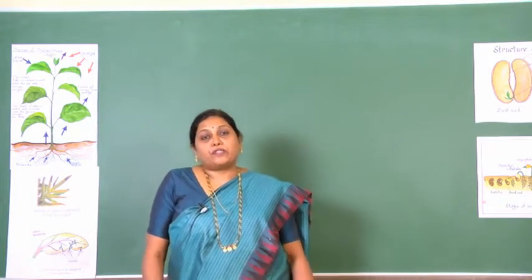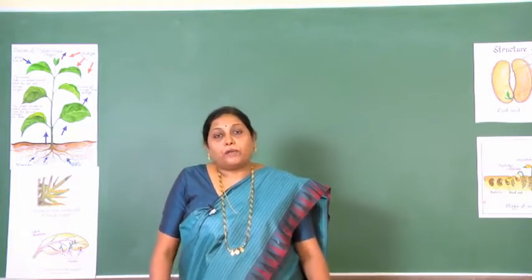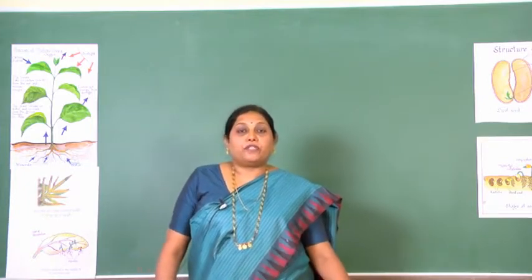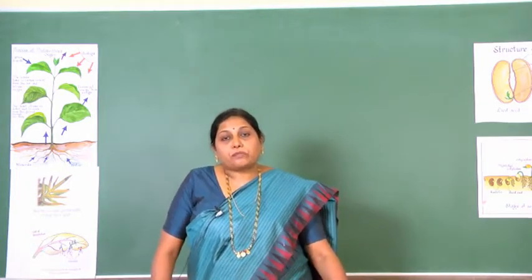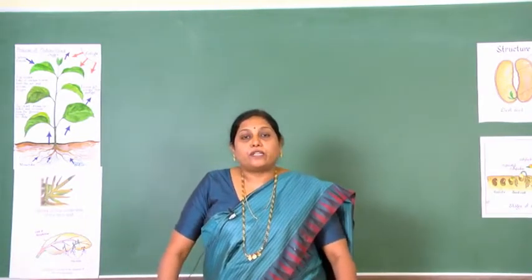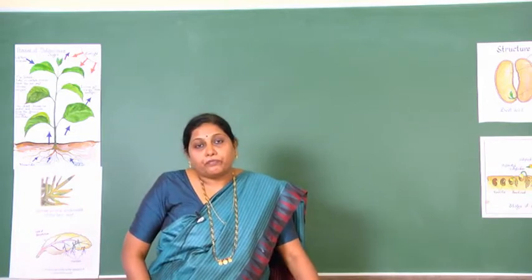Dear students, all living organisms are able to produce their young ones. You might have observed the dog produces puppies, the cat produces kittens, the cow produces a calf, and a human produces a baby.